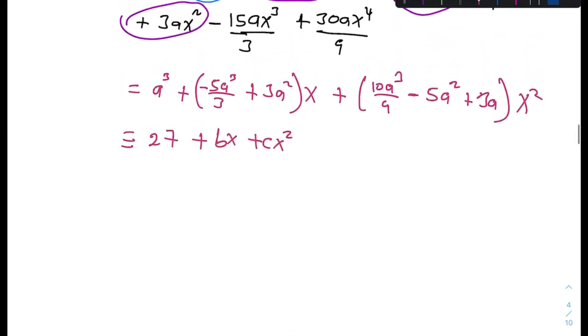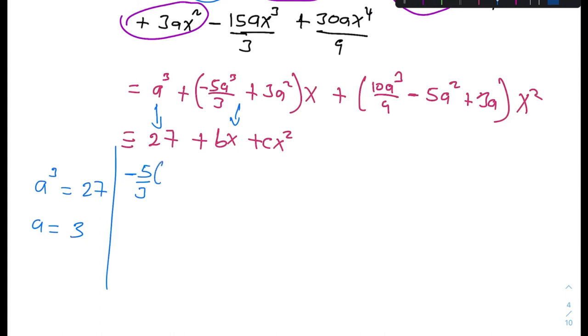Okay, so that means that the constant matches with this 27. So your a cubed is equal to 27. You take the cube root of 27, that is 3. All right. Now, if a is 3, then we can easily find b, because this also matches with that, comparing coefficients. So negative 5 over 3 a cubed plus 3a squared is equal to b.